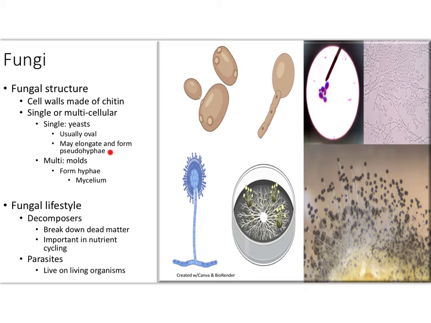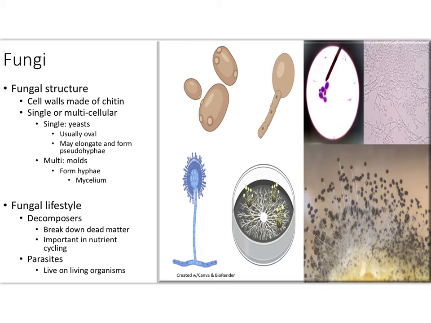So going back to the pseudohyphae, the difference between pseudohyphae and hyphae is that hyphae are individual cells that are oftentimes connected to each other by little channels that go through each individual cell. So it's almost like little tunnels between each individual cell.